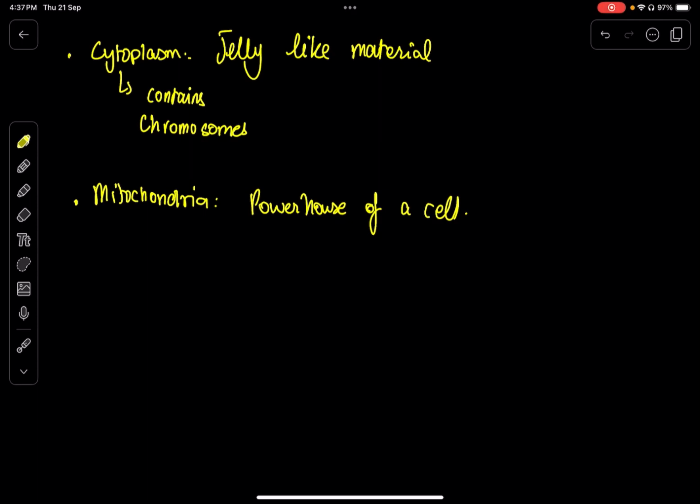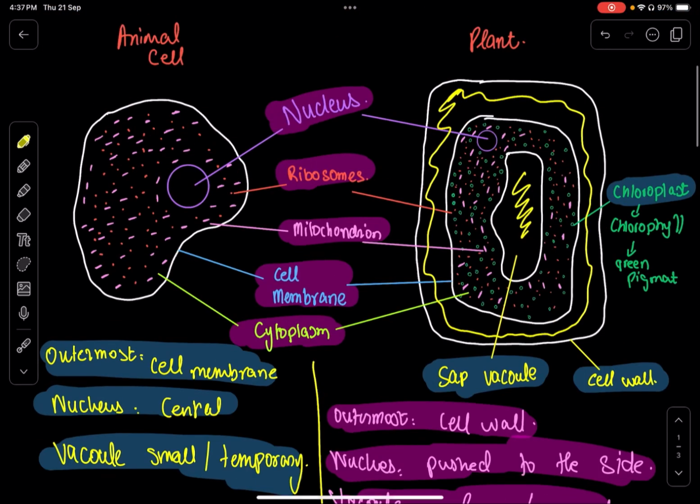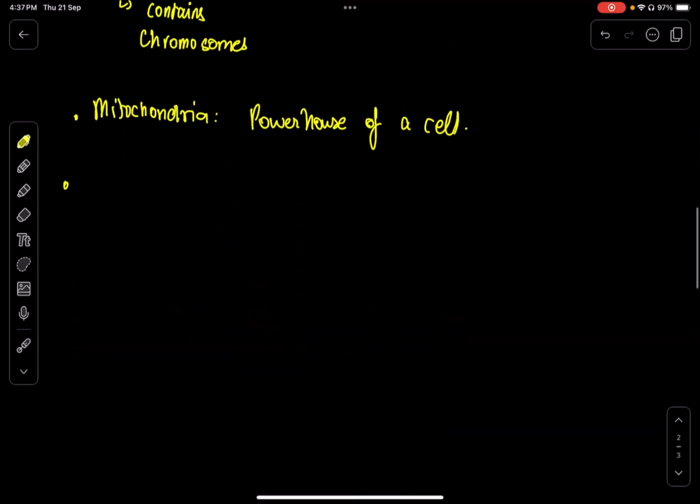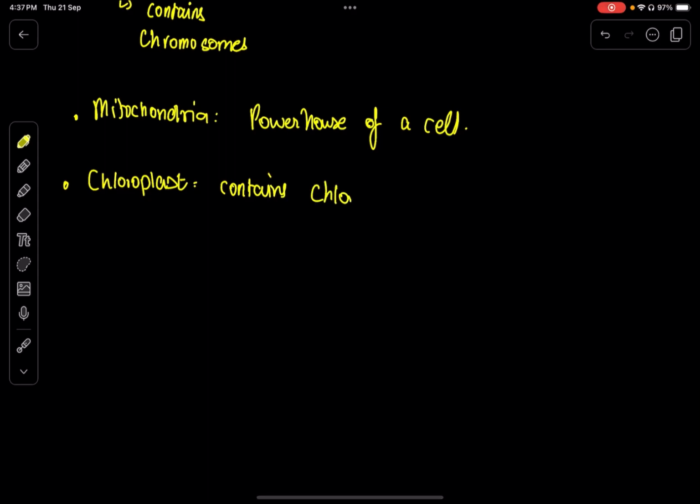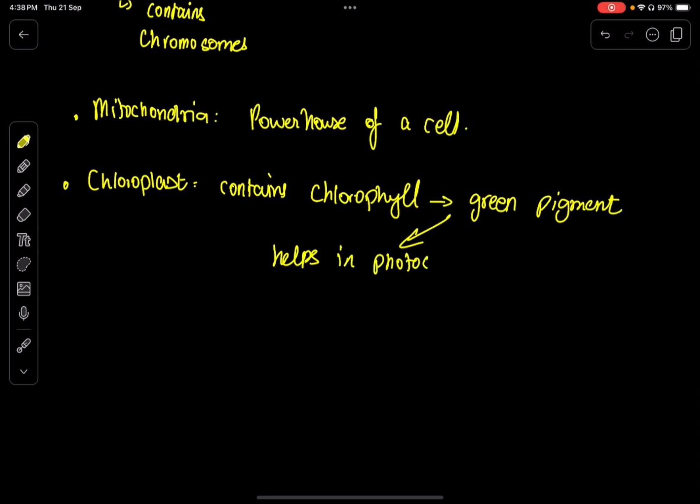Now, coming on to chloroplast, we all know what chloroplast is. Chloroplast contains chlorophyll. Chlorophyll gives plants their green color, and because of that, it helps in photosynthesis.